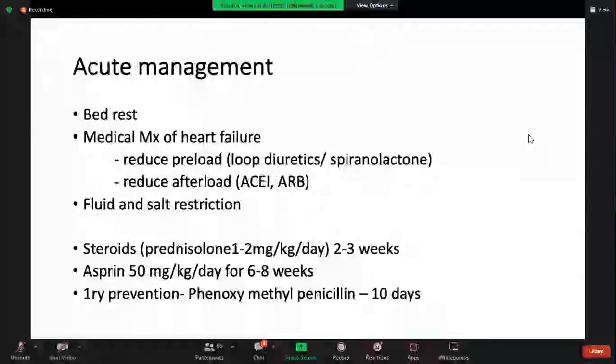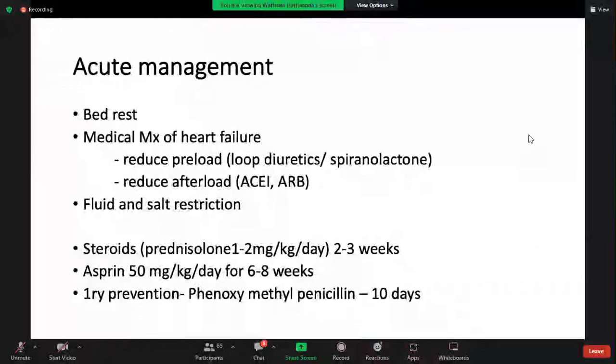So if you straight away start aspirin first, that is a problem. Always give steroids, and after a few weeks, start on aspirin. And what else you need to do? You have to do the primary prevention as well. So you have to start on oral penicillin. That is basically your acute management.